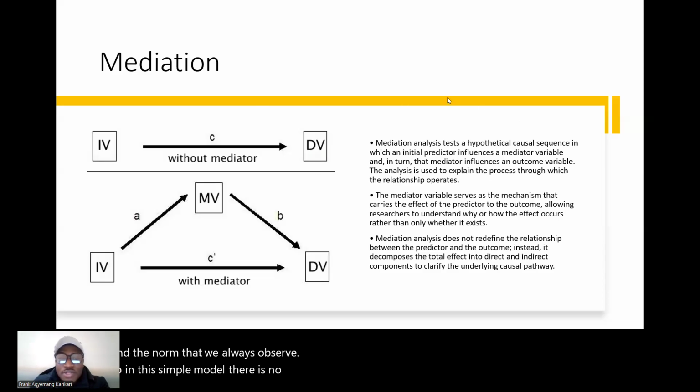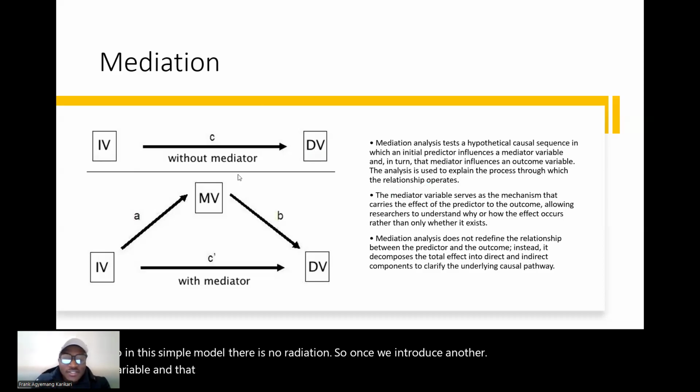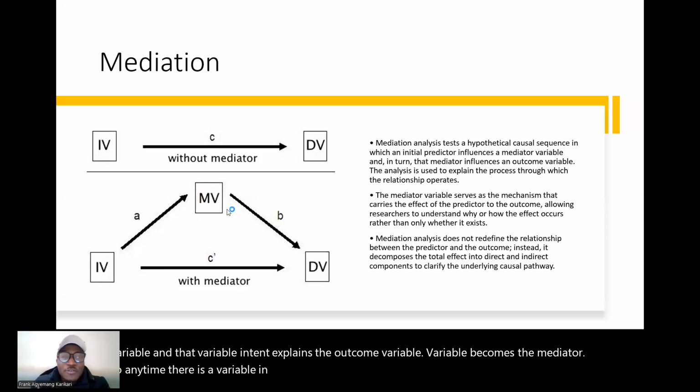Once we introduce another variable, and that variable in turn explains the outcome variable, that variable becomes the mediator. So anytime there is a variable in between other constructs or variables, we term that variable a mediator.